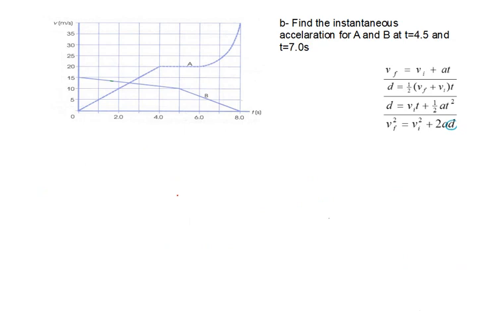So let's look at 4.5 seconds, for A and for B. At t equals 4.5 for B, we are going to look at the slope of this line right here.